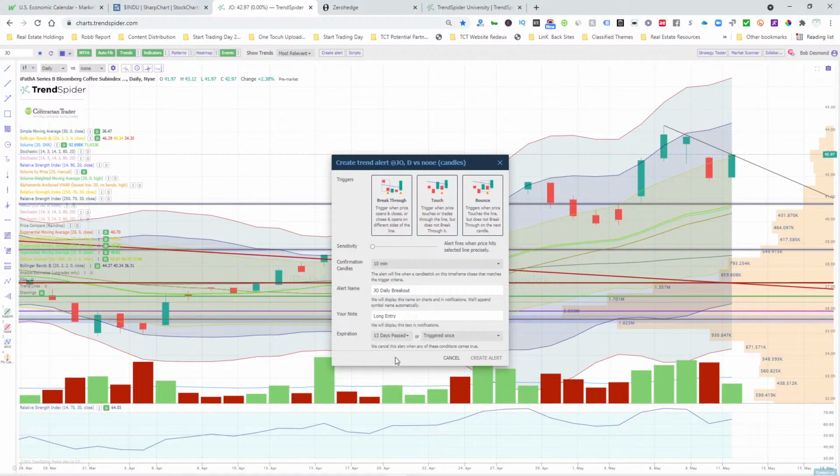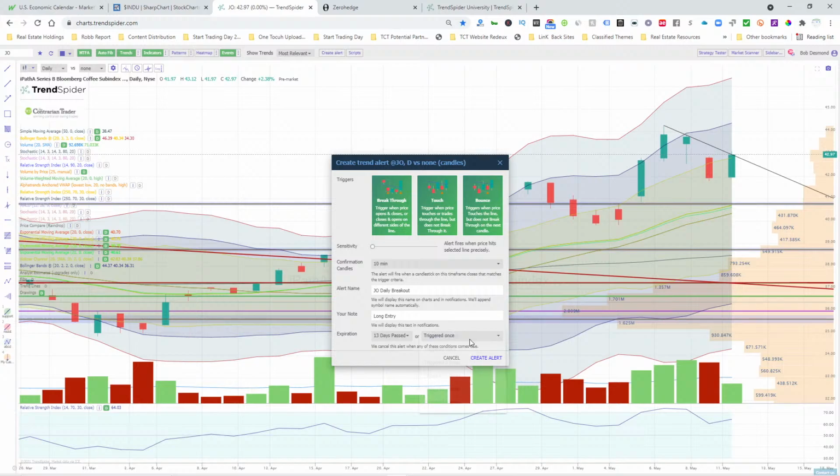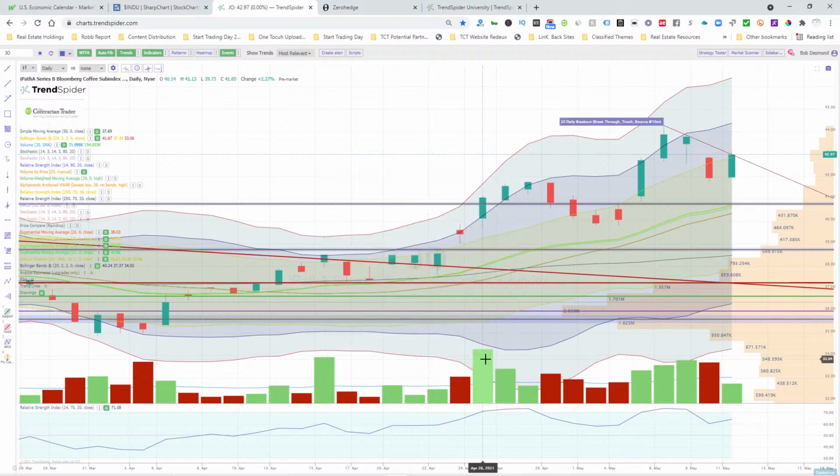I'm going to set this up for breakthrough, because one could argue we're right there. If we do break through, or if it already triggers at the open, I want to get notified of a retest. That way we could buy the breakout, add more on a retest. So this is actually 2 alerts being set up here. And we're good to go. So that's JO. I'm dying to pull the trigger here. But we want to wait for that ultimate breakout.